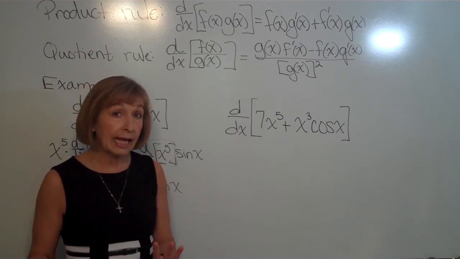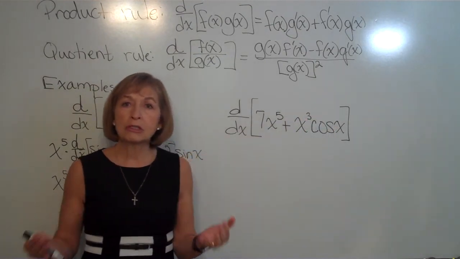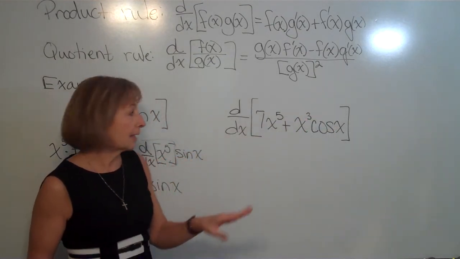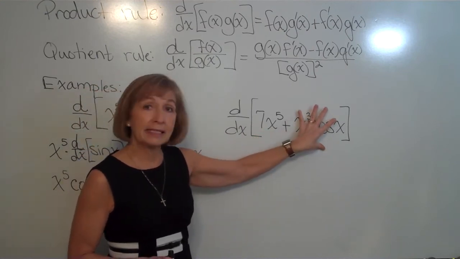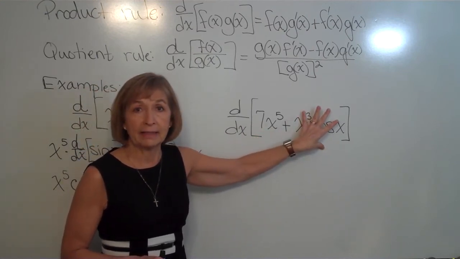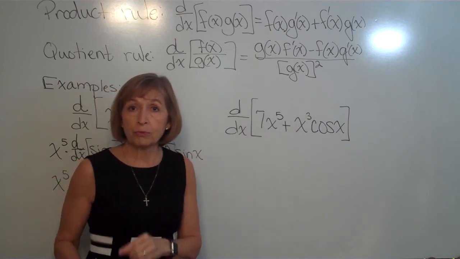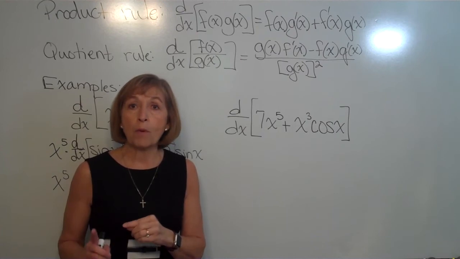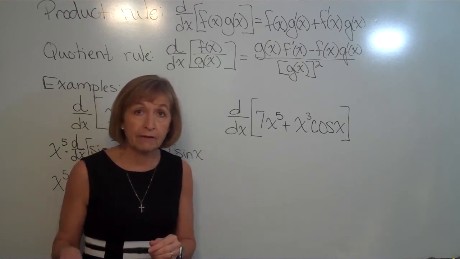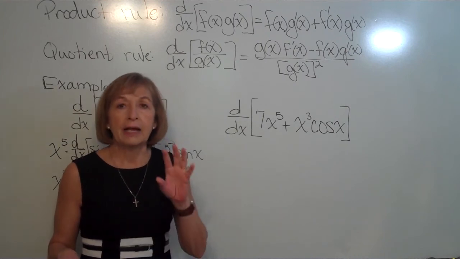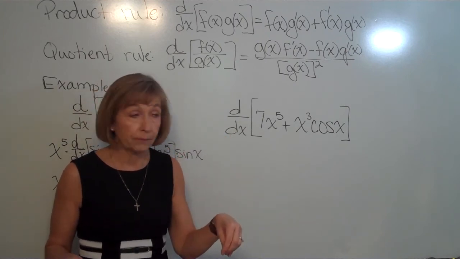So the first thing I look at is that this has two different terms. Terms are split with pluses or minuses. So I have a term that's 7x to the fifth, and I have a term that's x cubed cosine x. Now, earlier we saw that the derivative of a sum or difference of two functions is just take the derivative of the first term and then use the correct sign that's attached to it and the derivative of the second term.